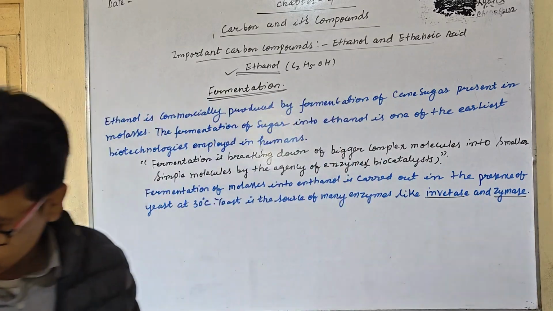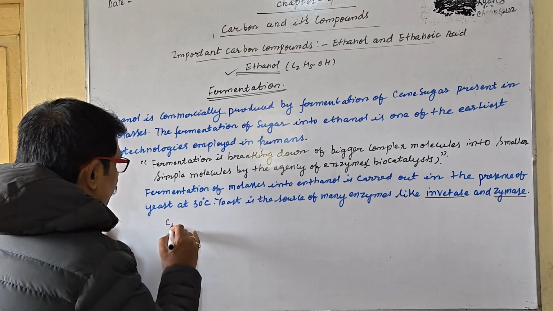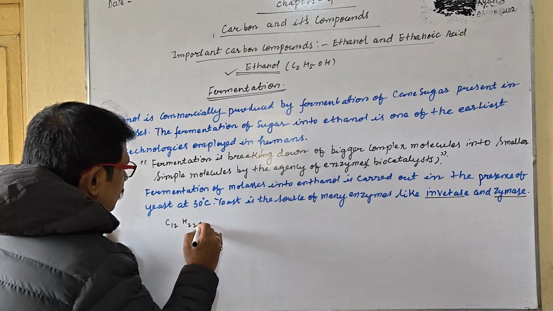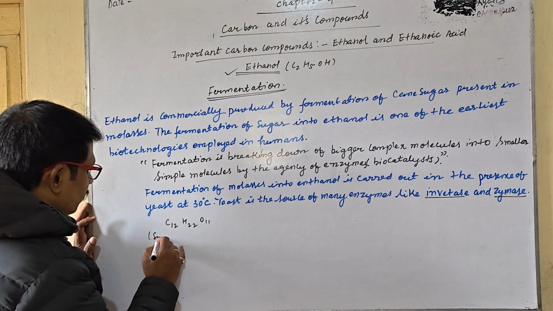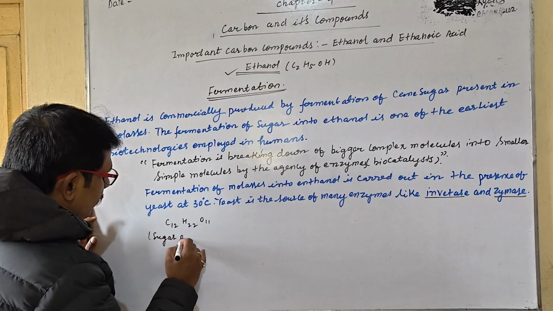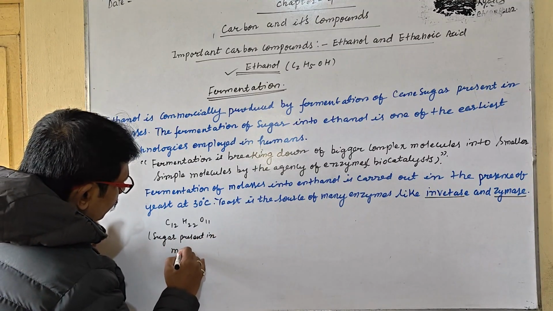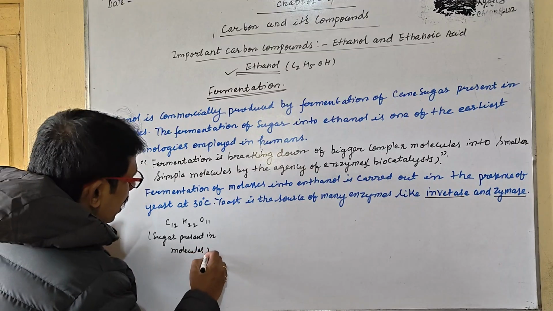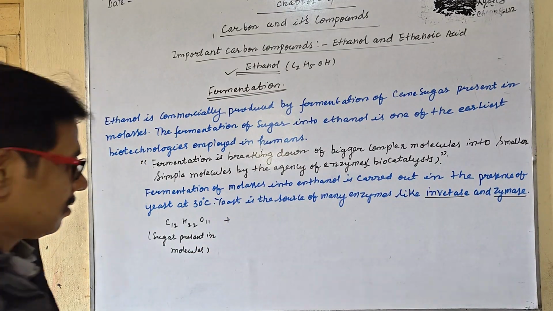So my dear student, let us take the reaction. C12H22O11. This is the sugar present in molasses. It reacts with water.